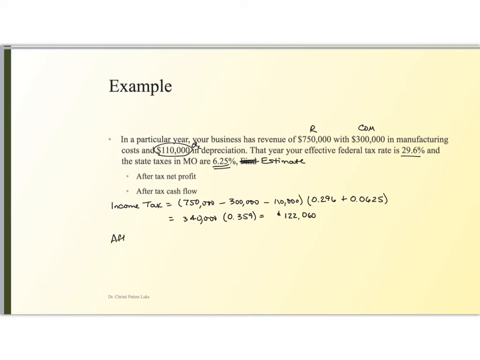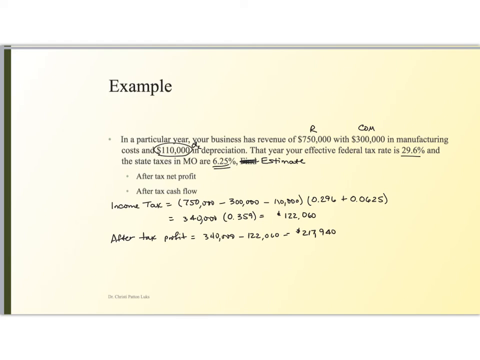My after-tax profit is going to be this 750 minus 300 minus 110, so 340,000, minus my tax, which is $217,940. Now, to the IRS, that is your profit for the year.